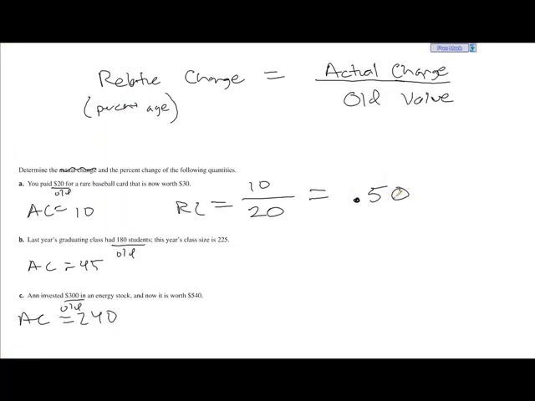Well, 0.50 is equal to 50 100ths, which really means 50%. So this would actually be considered the relative change, the amount of percentage growth. So we can say that there was 50% growth in the value.